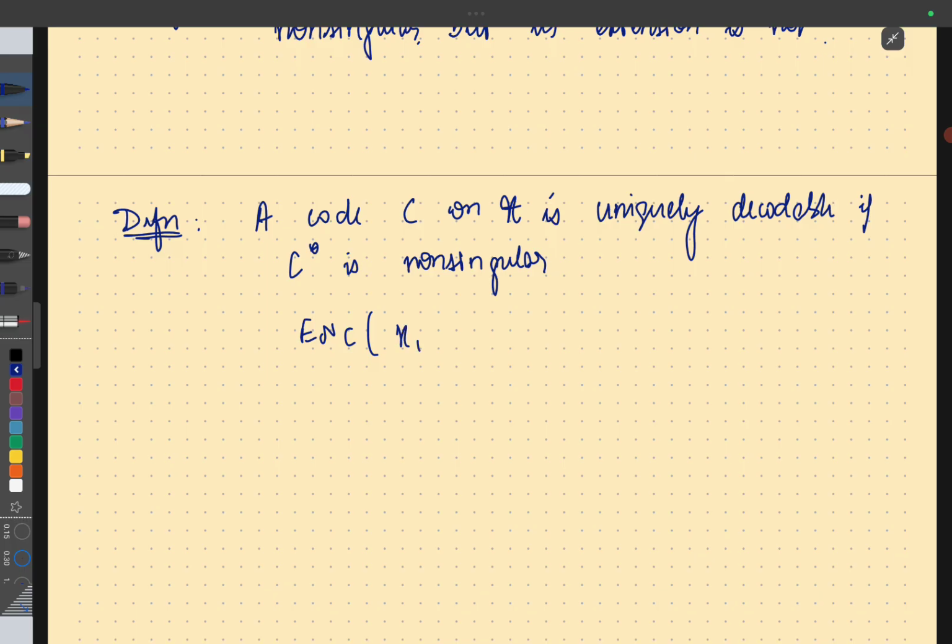The encoding of any x1 up to xn should not be equal to the encoding of any x1 prime up to xm prime. Even sequences of different lengths should not have the same encoding.